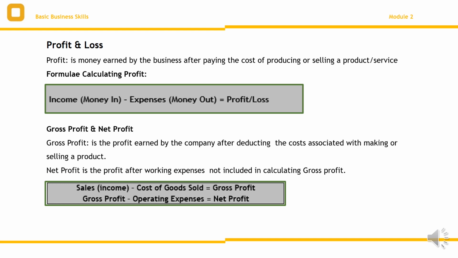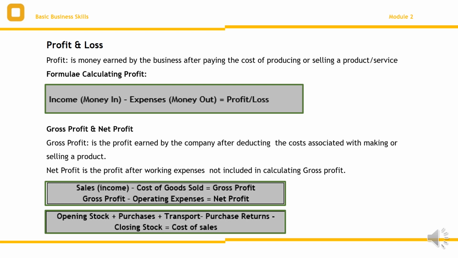Cost of sales is calculated by calculating your opening stock, your purchases, your transport costs, minus any stock that you've returned, and also minus your closing stock. To calculate your net profit, you then take the figure of your gross profit and you minus other operating expenses. Other operating expenses could be things like your rent, your electricity, your depreciation, etc.